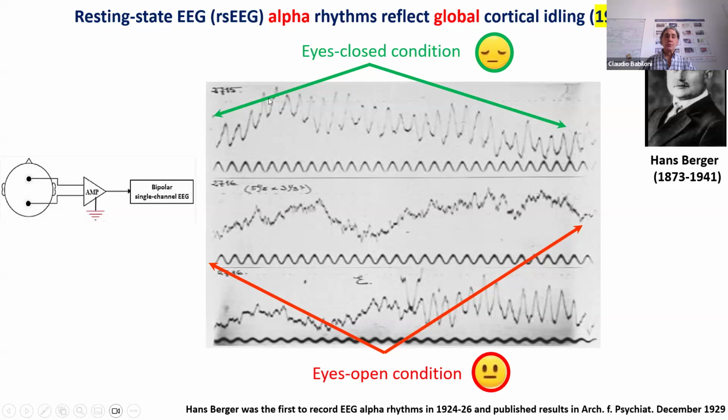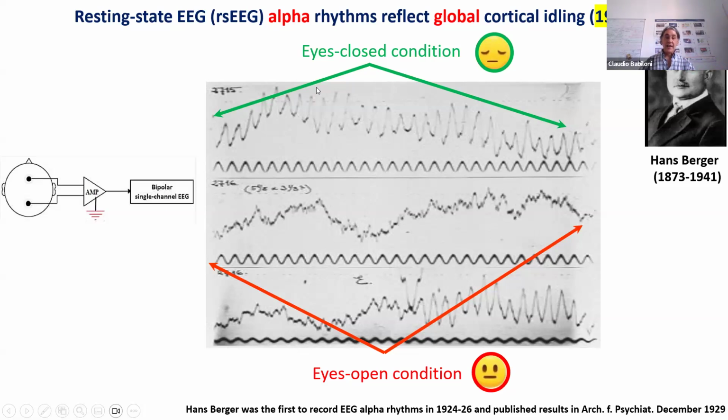And you see that in this bipolar EEG activity a very clear ample oscillation of EEG activity is present. At the bottom of the picture, you see electronic oscillations at 10 Hz.